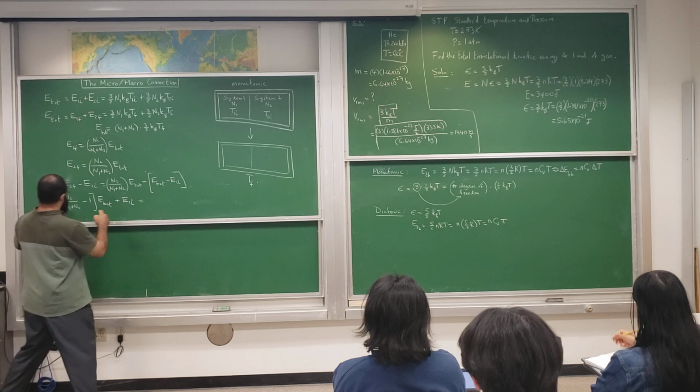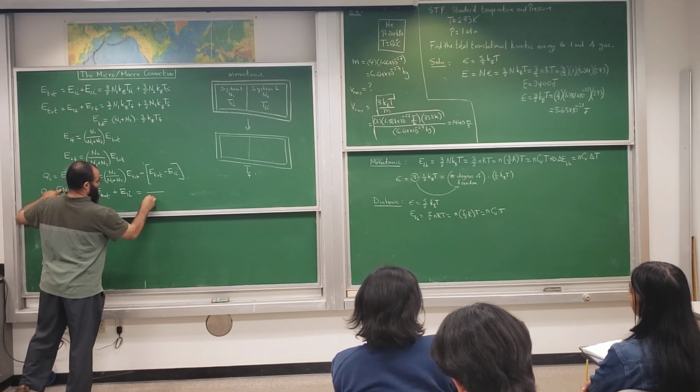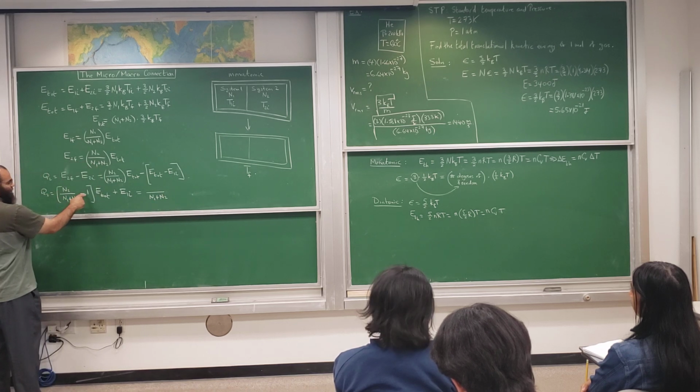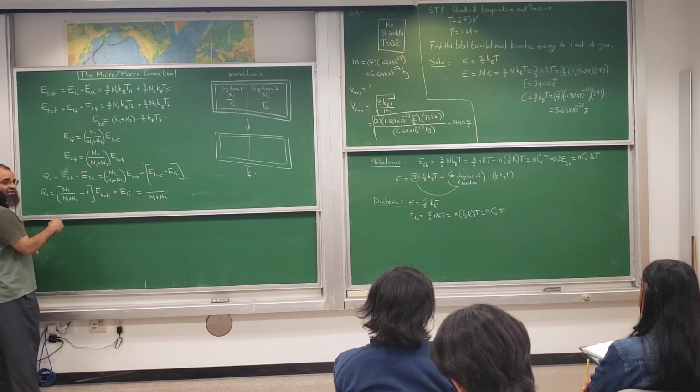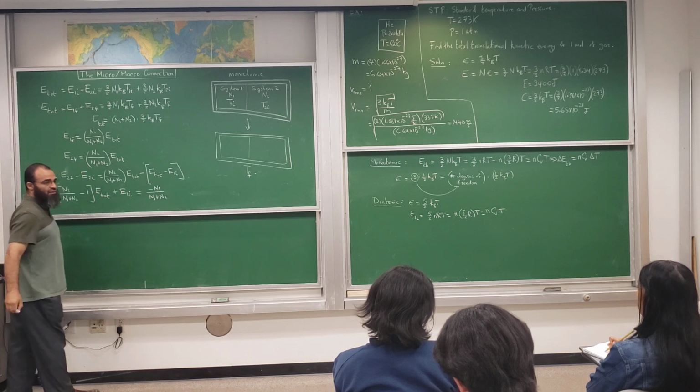When you make a common denominator, it is N1 plus N2, so N2 minus N1 minus N2. That's just going to be minus N1.